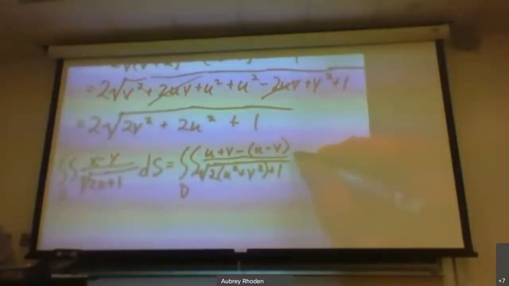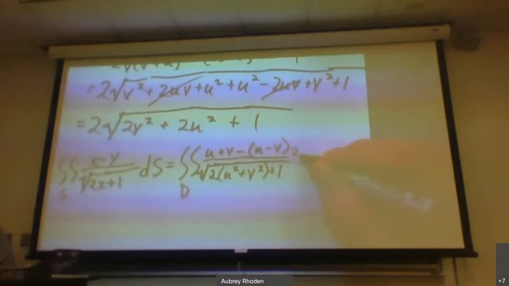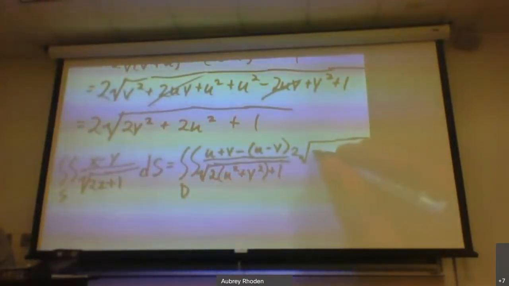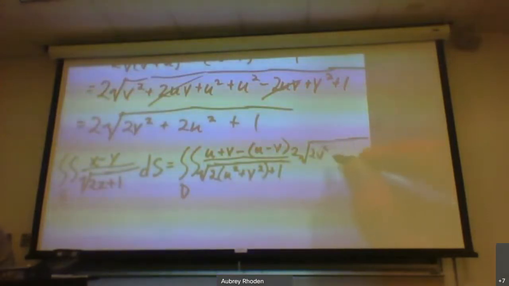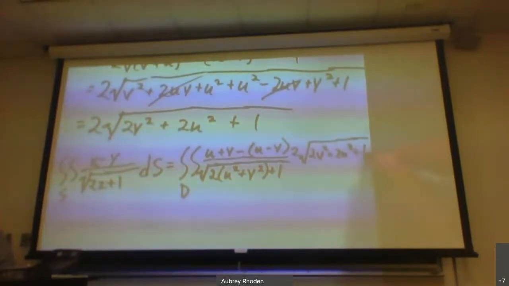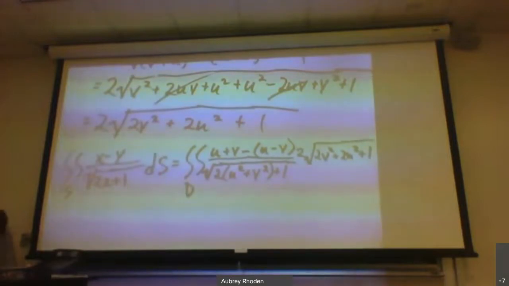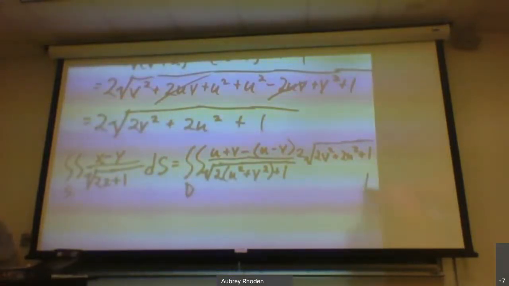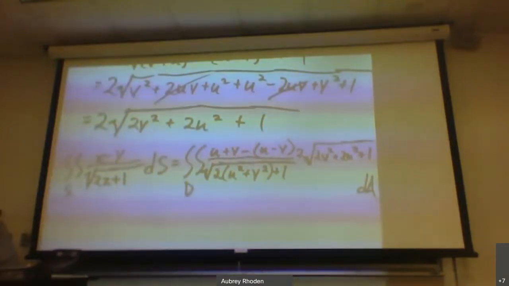And so that's going to be 2 root, I'll write this like this. So 2v squared plus 2u squared plus 1, and I ran out of room. Let's put that dA right there.